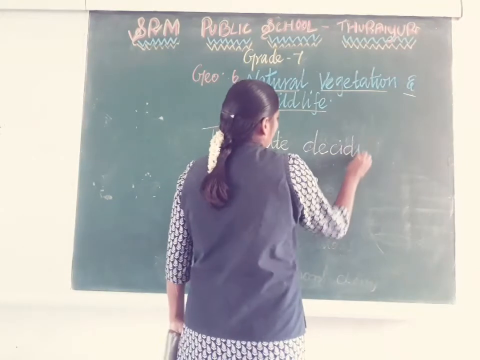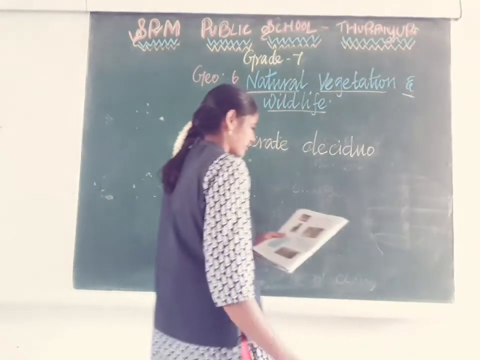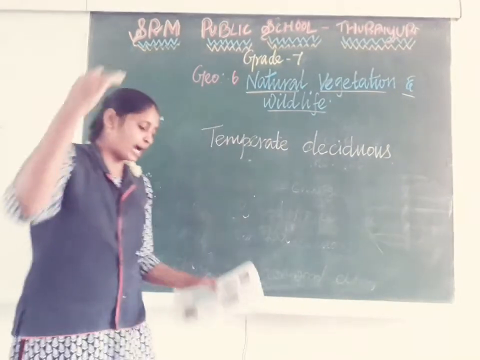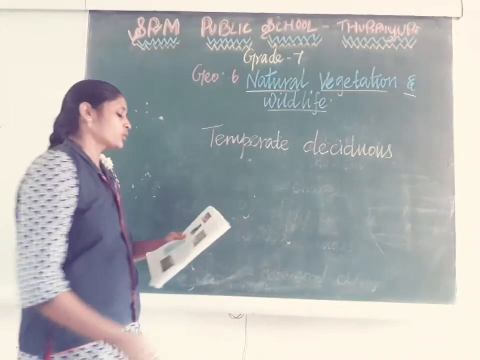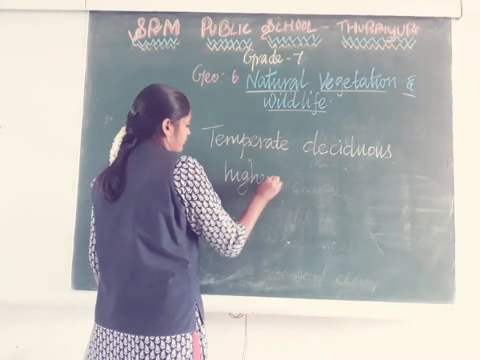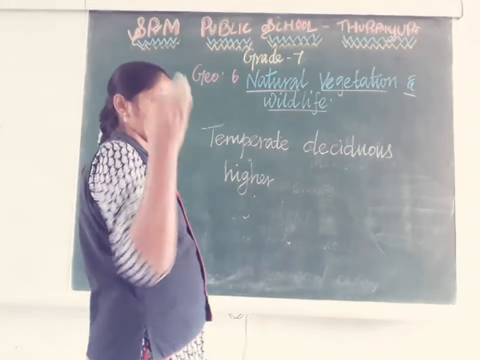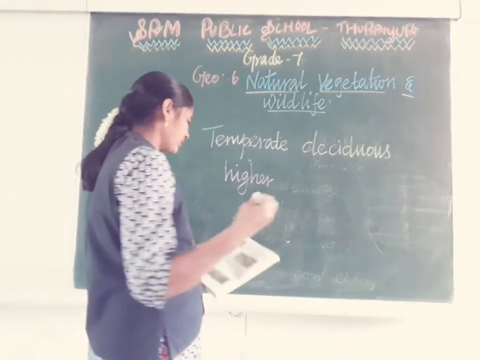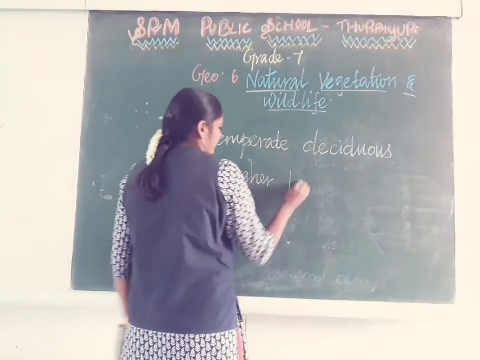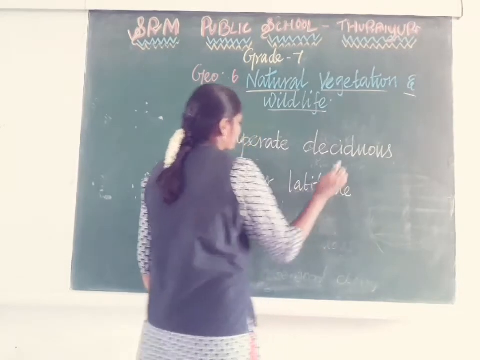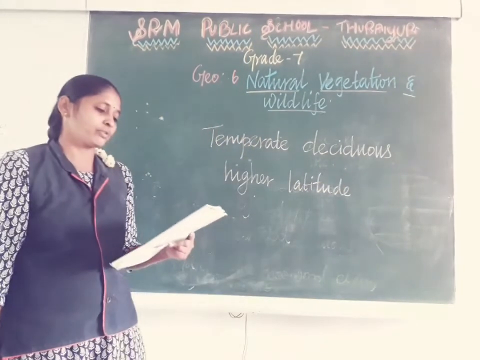Particularly in India, when we go to Ooty, Kodaikanal, Simla, at higher latitude, we can see this kind of forest. So this is called temperate deciduous forest.